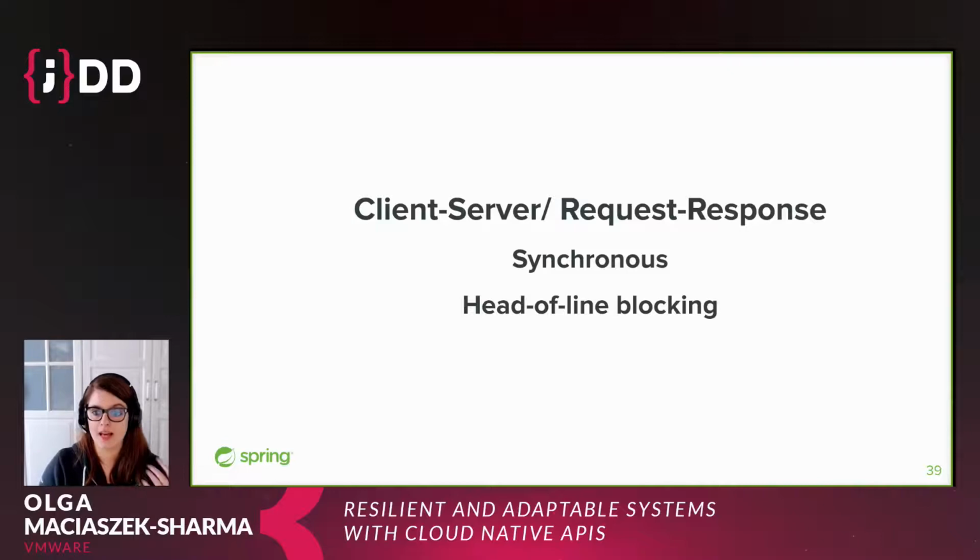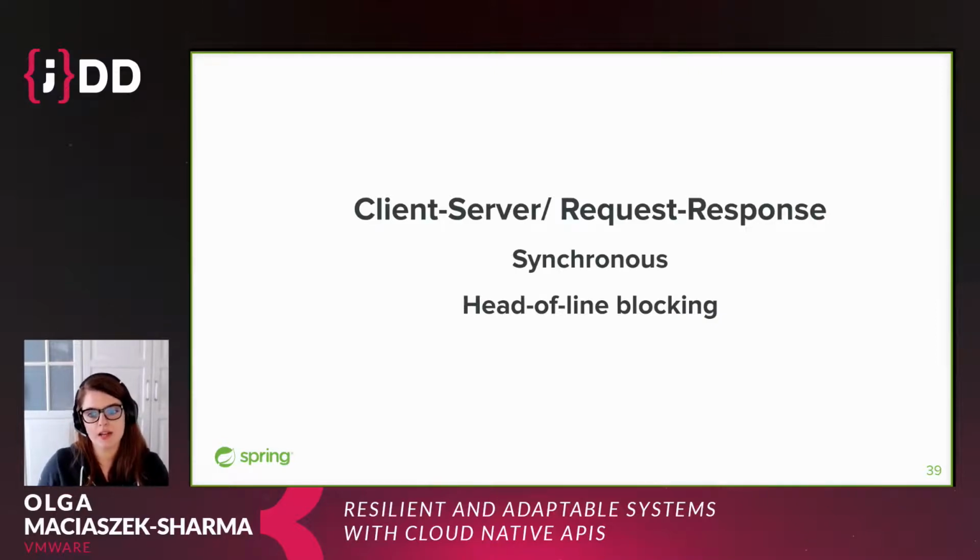First of all, we have head of line blocking, which means that only one request can be outstanding on a connection at a time, with HTTP1 anyway. Then we have this client-server or request-response approach, where an interaction always needs to be initiated by the clients.